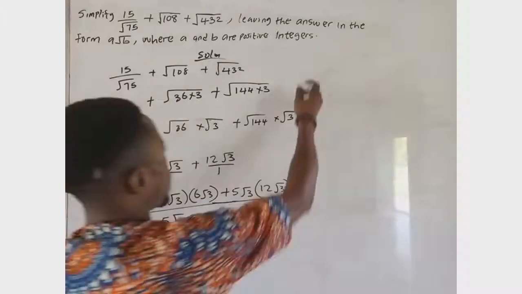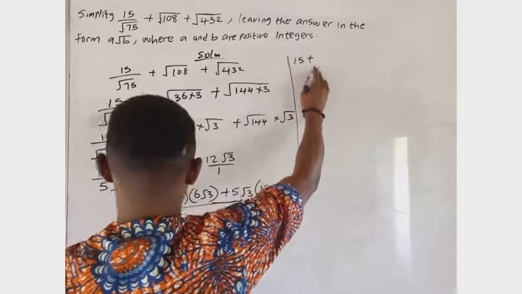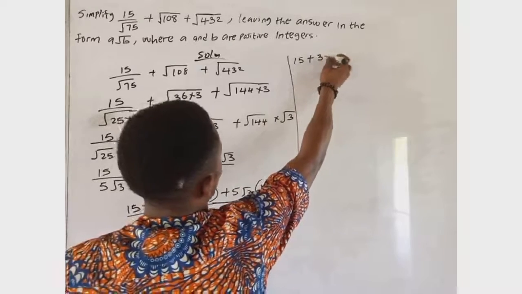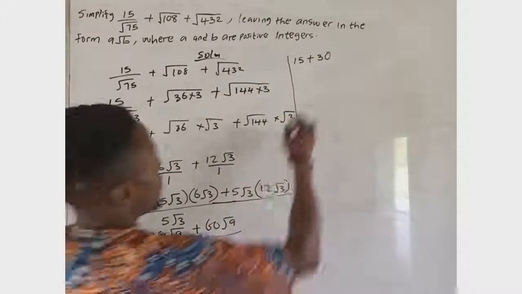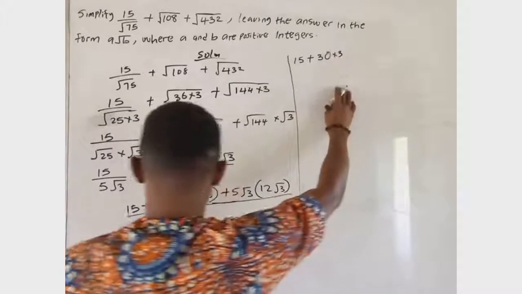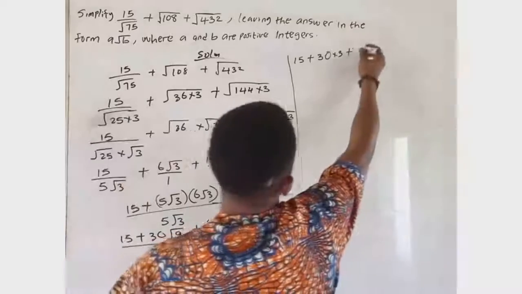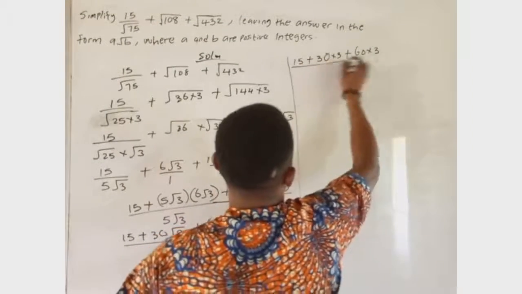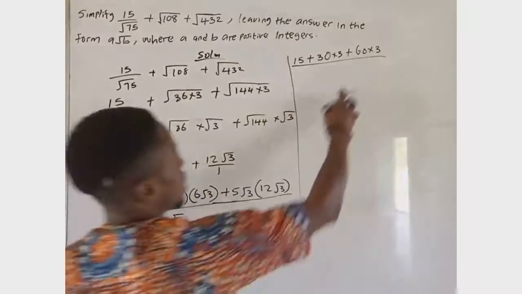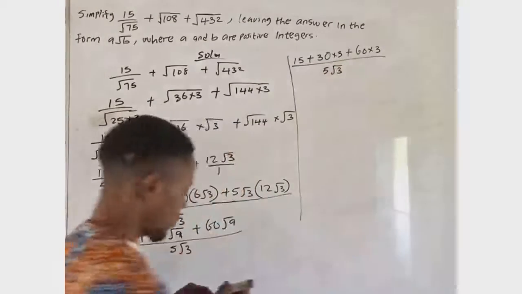So therefore, this one becomes 15 plus 30 times root 9, we have 3, 30 times 3. Plus in this place we have 60 times 3, because root 9 is giving us 3, divided by 5 root 3.